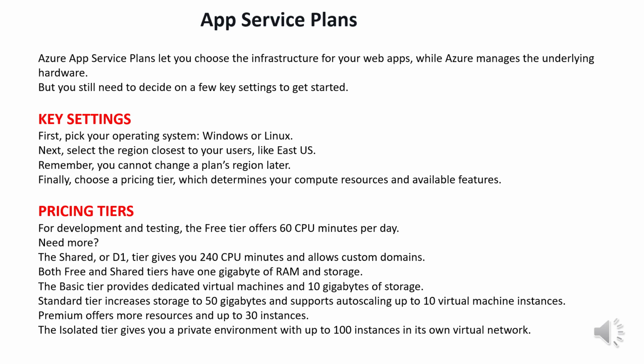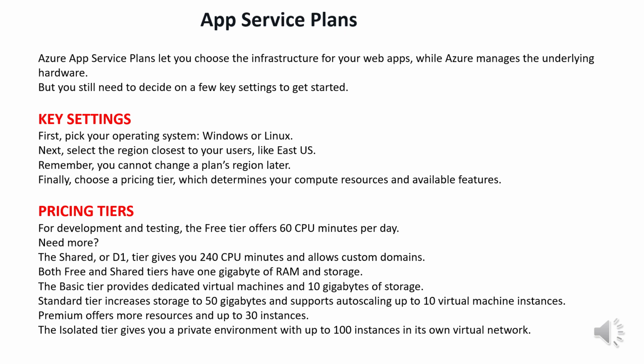For development and testing, the free tier offers 60 CPU minutes per day. Need more? The shared or D1 tier gives you 240 CPU minutes and allows custom domains. Both free and shared tiers have 1 GB of RAM and storage.